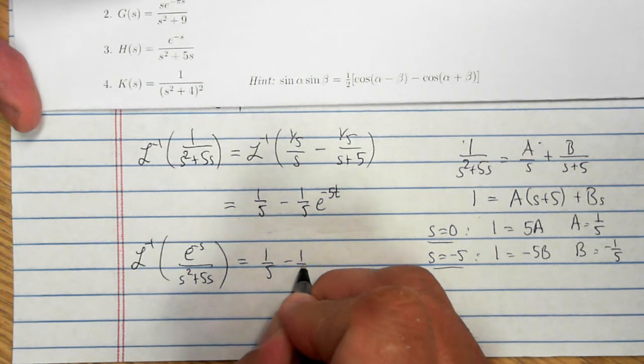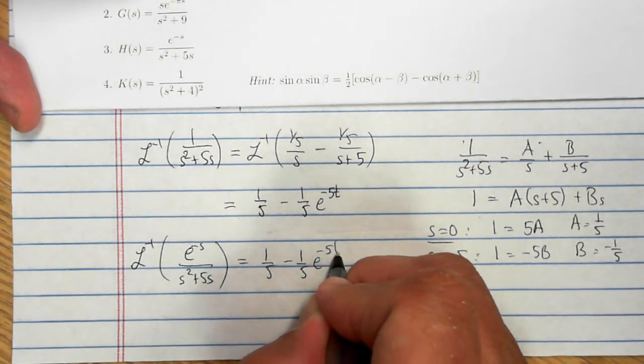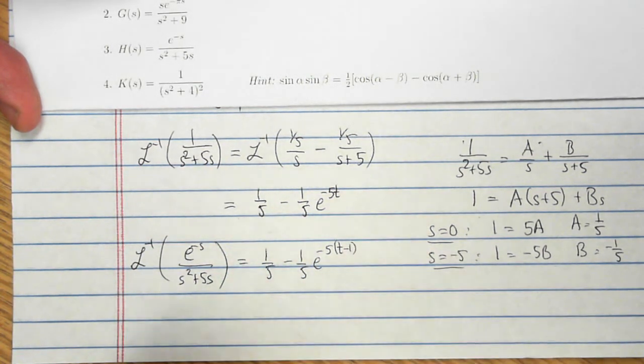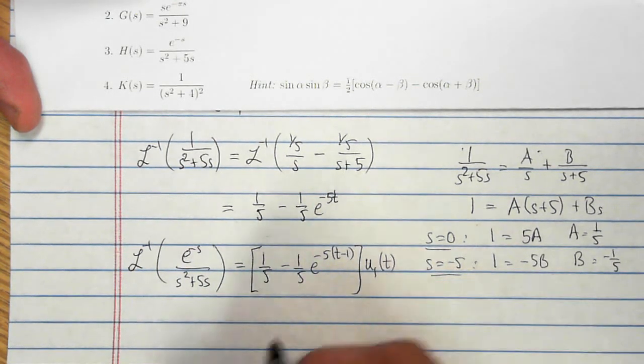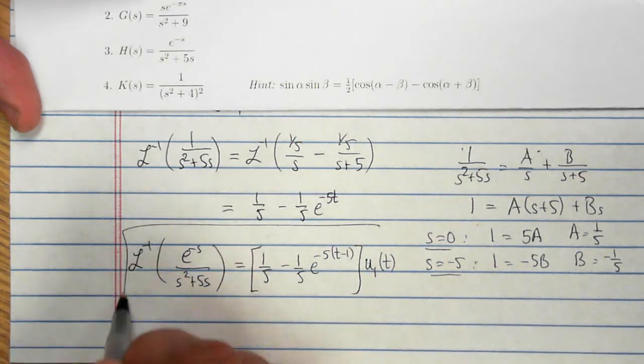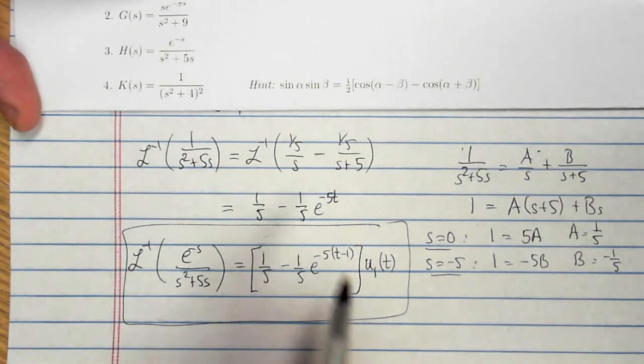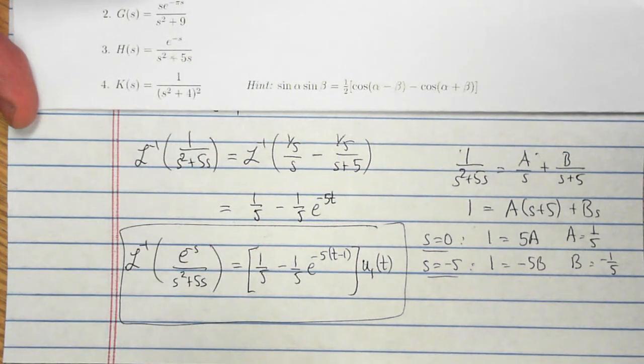Everywhere I see a t, I replace it by t minus 1. And then this gets multiplied by the step function at position 1. And so that is the inverse Laplace transform for the function H. Okay, the last one's going to take a little bit more work.